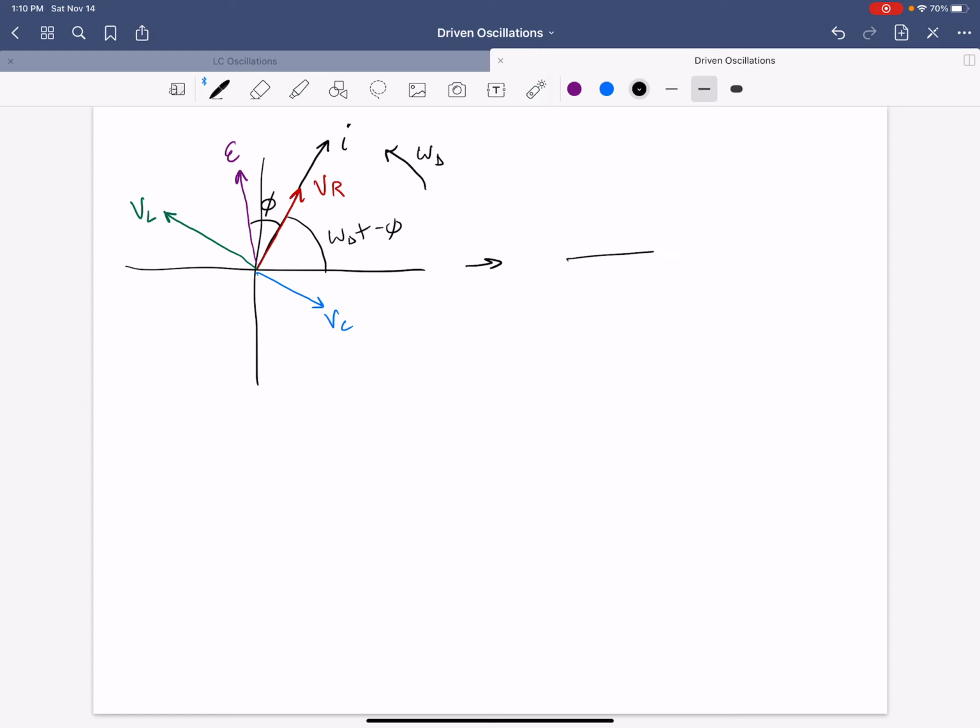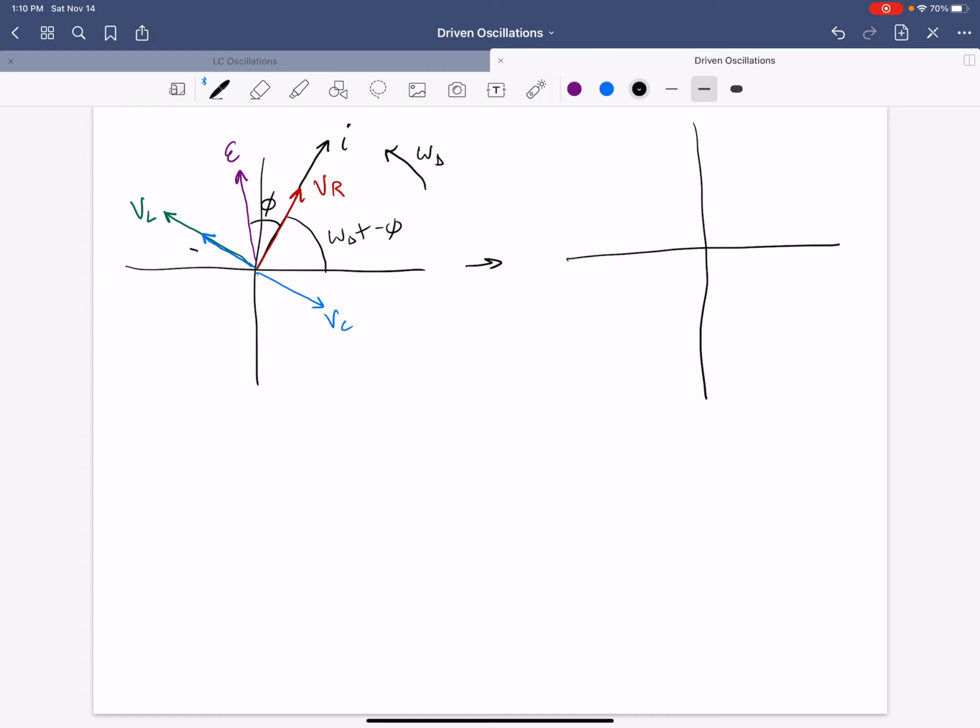Now, let's regraph. But before I do, I'm going to take this blue VC arrow and flip it. It keeps the same magnitude.